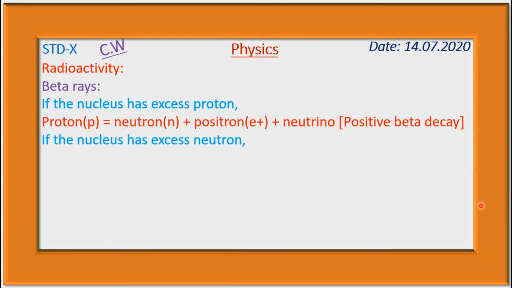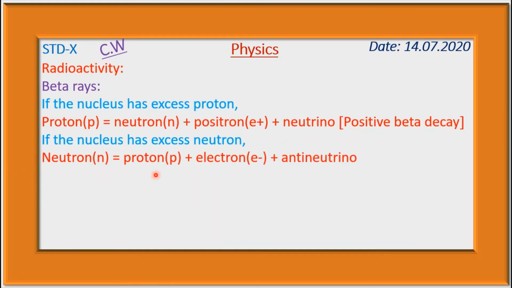And if the nucleus has excess neutrons, then a neutron will be broken down, and neutron is equal to proton plus electron plus antineutrino. Here the electron is the negatively charged particle, and as the nucleus emits an electron, it is negative beta decay.